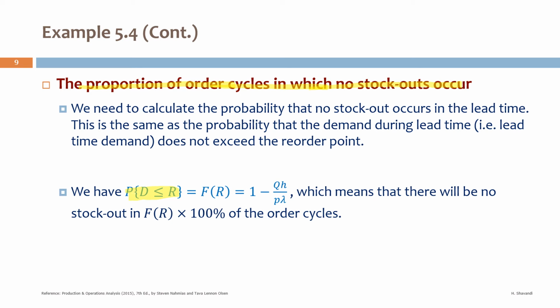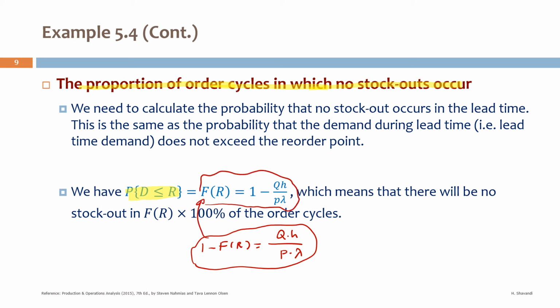If you remember, we had this equation. The second equation was: 1 minus F(r) equals Q times h divided by p times lambda, right? So by having this, we can obtain F(r) like this.